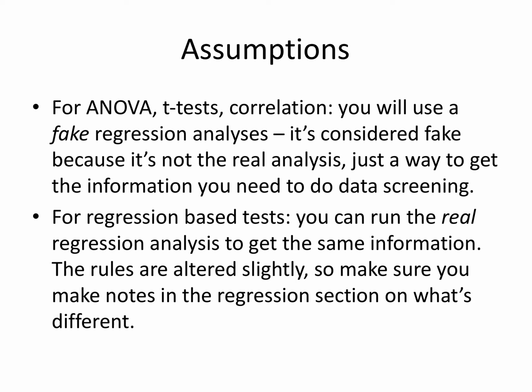So we're going to run this fake side analysis to be able to see the numbers we're interested in. When you get into a regression-based test, like hierarchical regression, you run the real regression because you are running regression. Once you get to regression, this will be tweaked just a little bit. I'm going to talk a lot about fake analyses, and I call it a fake analysis because it's not really our hypothesis test. It's a vehicle to get the numbers we need.